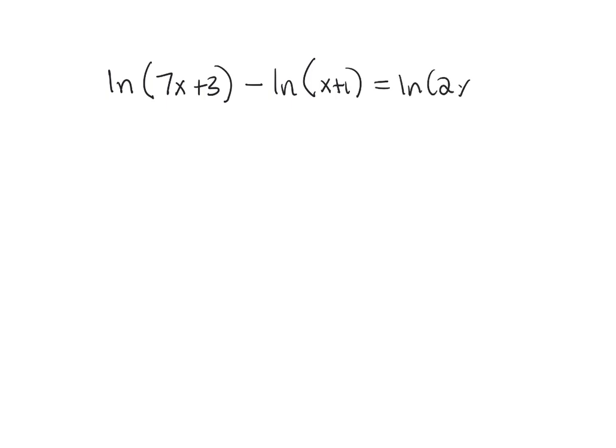Okay, last example, similar to the last one, just showing you another way that you can go about it. It's basically the same idea, just showing you variations. So natural log of 7x plus 3 minus natural log of x plus 1 equals natural log of 2x. Instead of condensing these into a quotient, you could add this term to the other side.